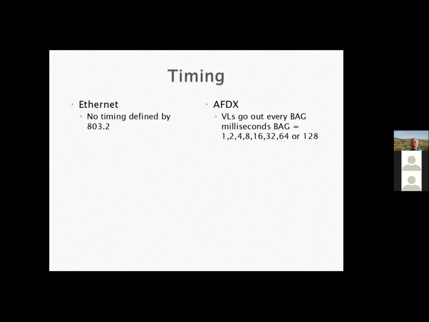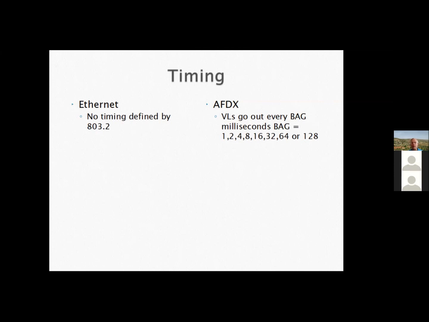So we do that with something called a BAG. I'll get to what the BAG stands for in a minute, but the idea is that every VL, and a VL represents a kind of data, like altitude. So for the altitude, I say, all right, the altitude has to go out every 16 milliseconds. The status of the landing gear doesn't change all that often.